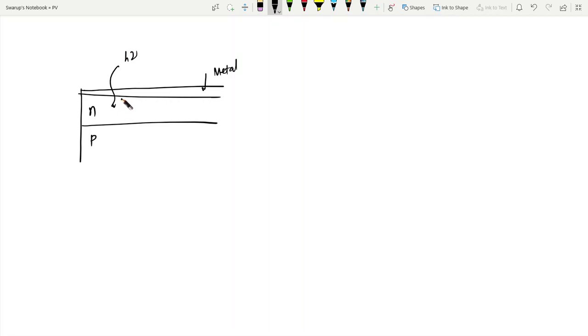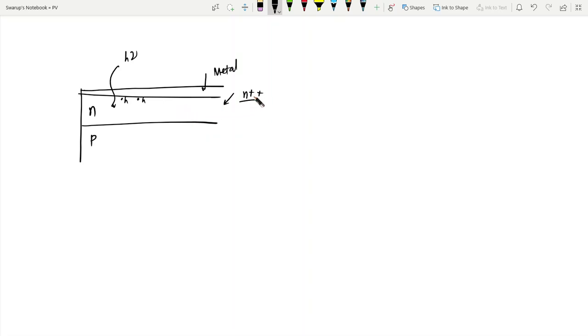So when light falls in, it will produce electrons and holes, right? Now if you make this whole region N plus or N plus plus, heavily doped N type, then we'll have lots of electrons in this region.